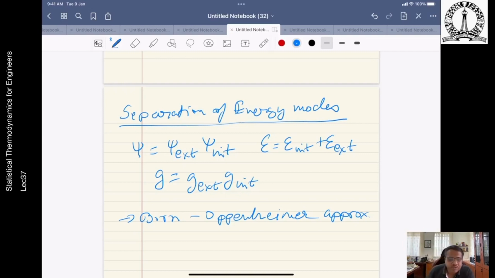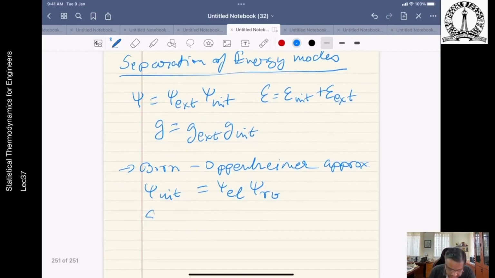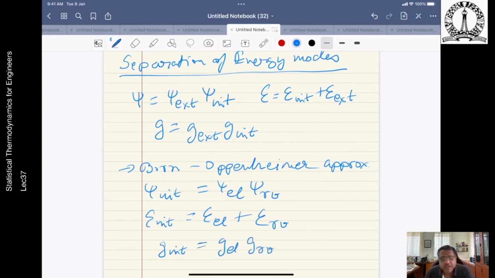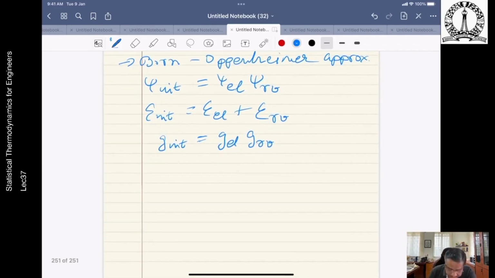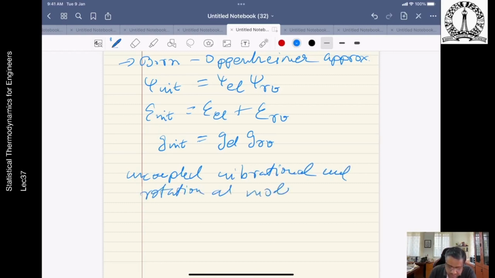What we did was that the internal part was further divided into electronic and rovibrational, and the internal energy was divided into electronic plus rovibrational, and g internal, which is basically the degeneracy, was given as g electronic into g rovibrational. Finally, we uncoupled the vibrational and rotational modes using 2 approximations.